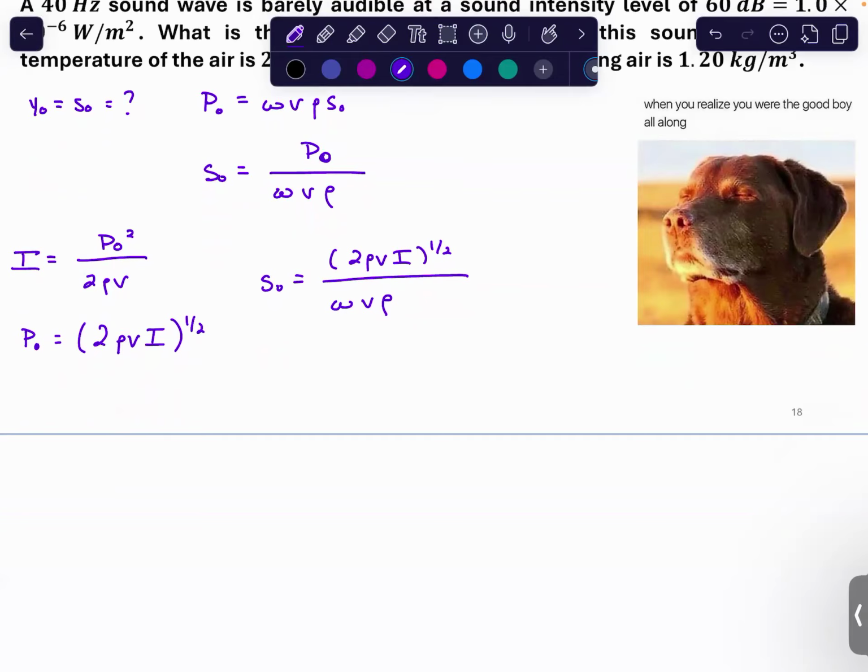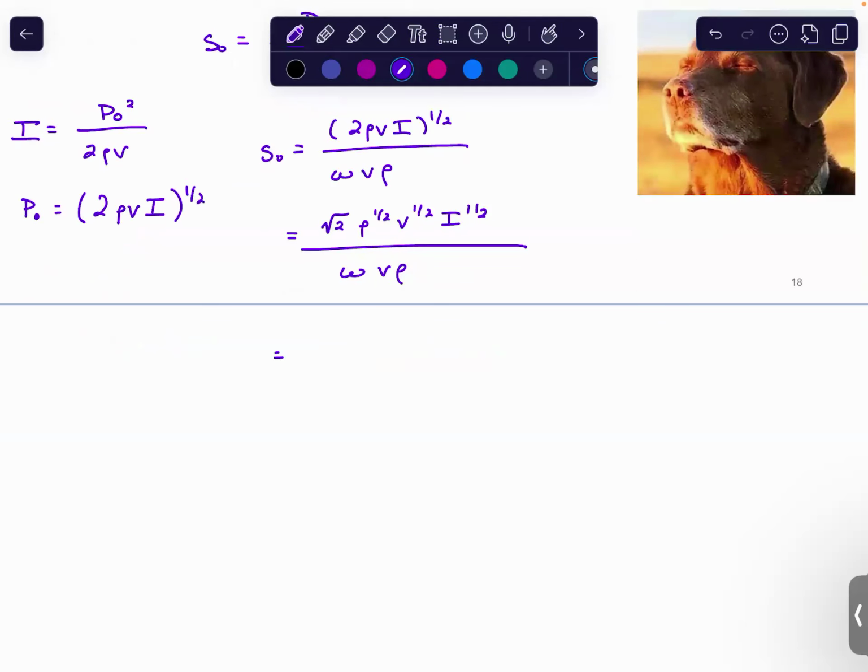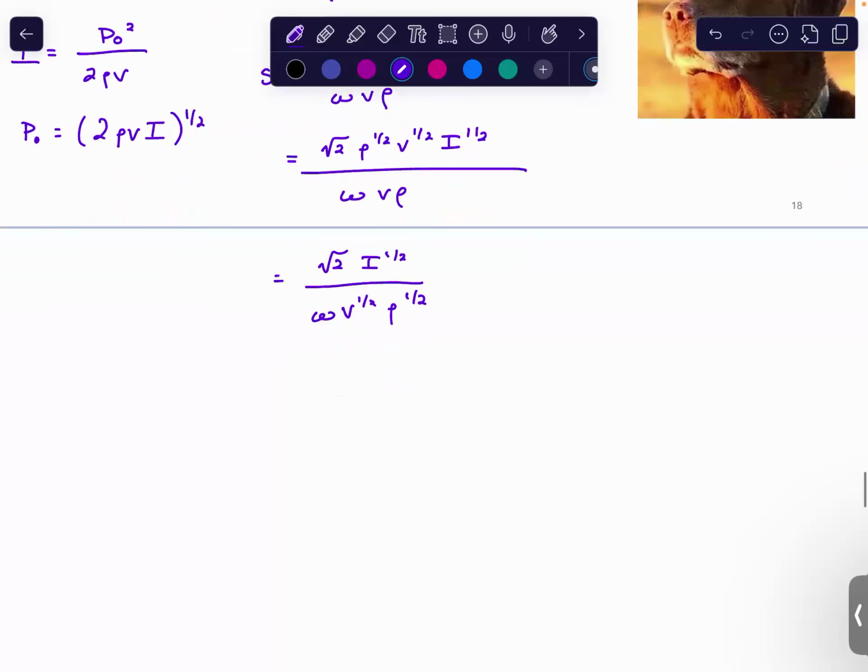Now, if you think you've derived this far enough, you would be mistaken. You have to simplify this. So on the top, we're going to get 2 I to the one half, over omega, rho to the one half.